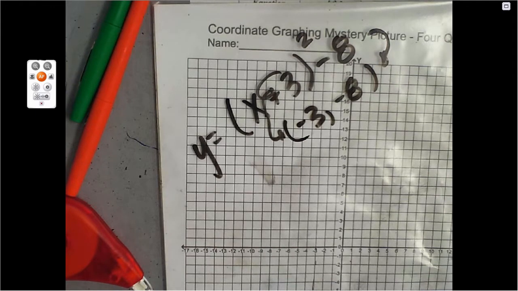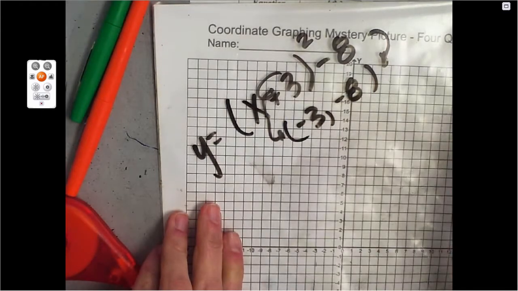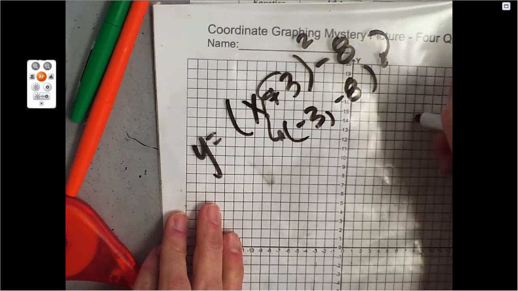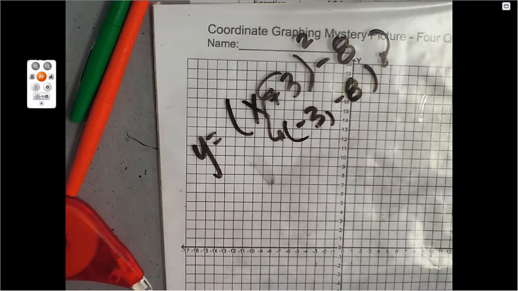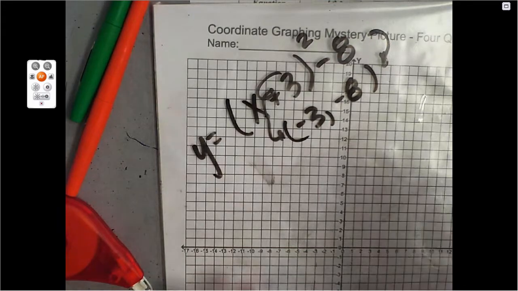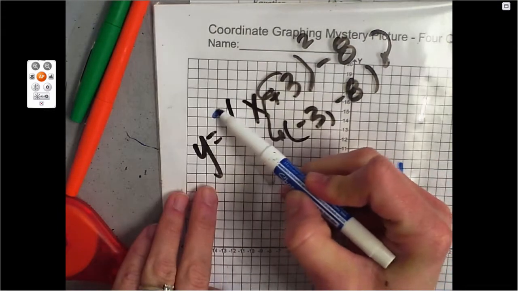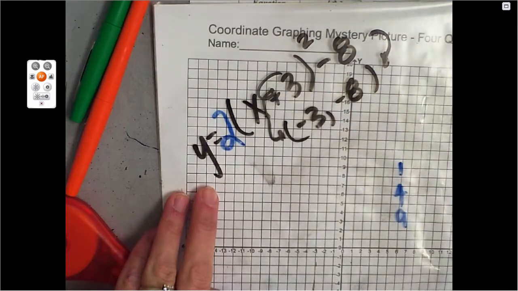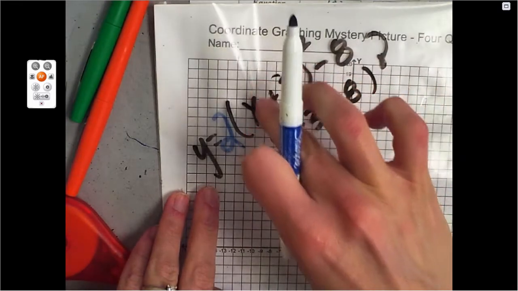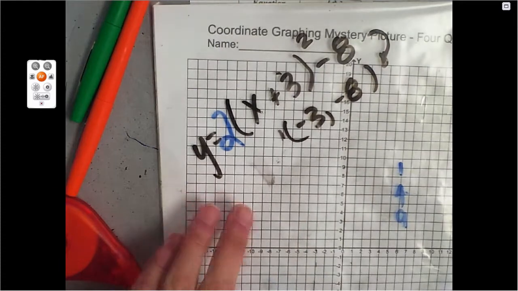Look up here. Originally our step pattern is 1, 4, 9. If there is a number on the outside here, that's where it's going to be. So this is what it's going to look like.